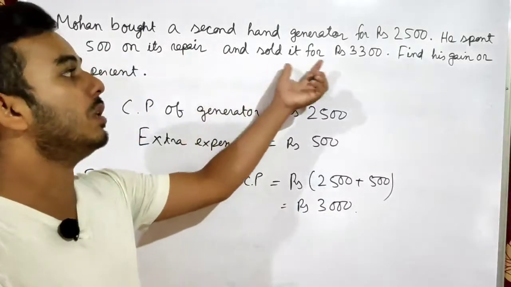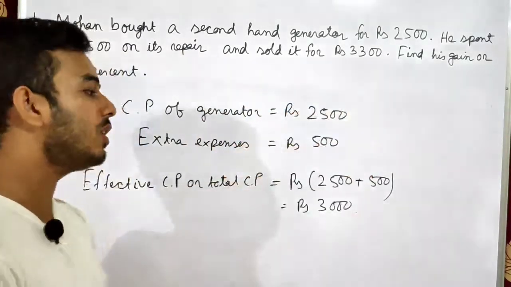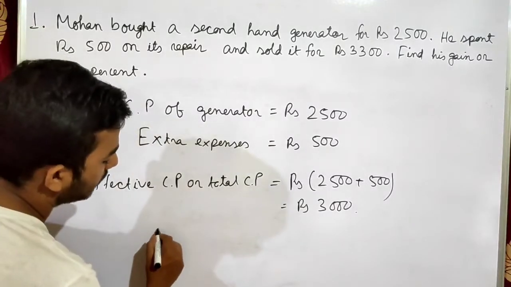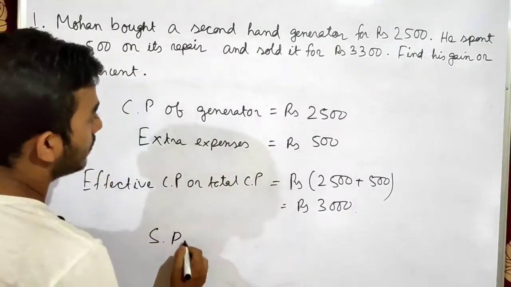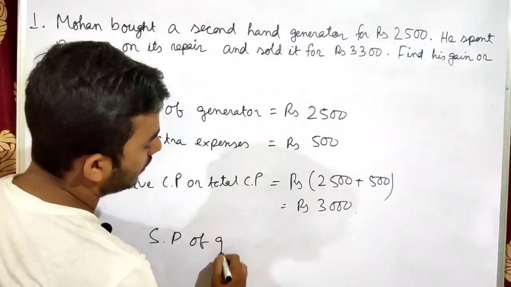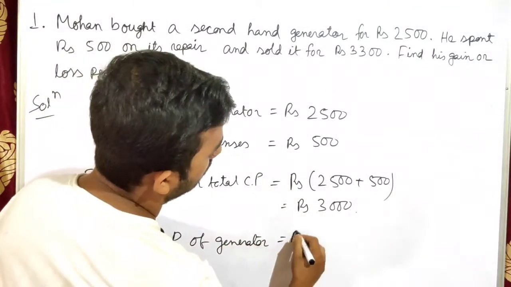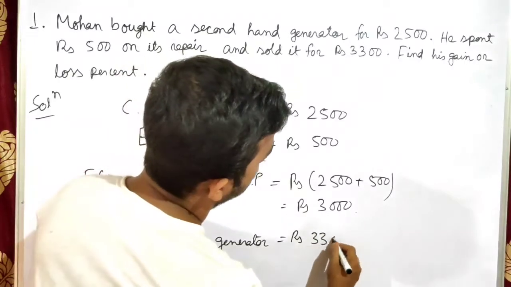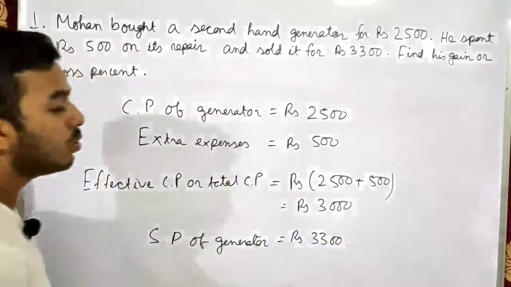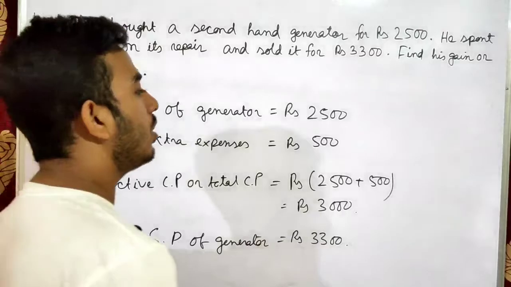And here he sold it for rupees 3300, isn't it? SP of generator equals rupees 3300. So now can we say this is a loss or gain?